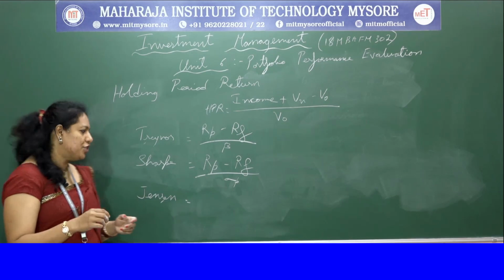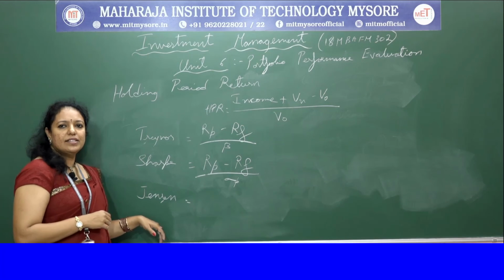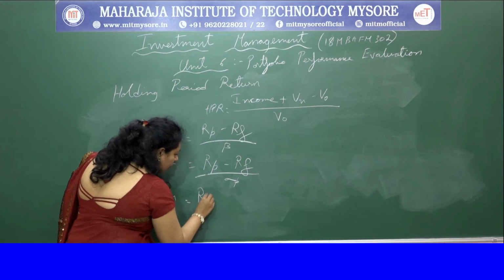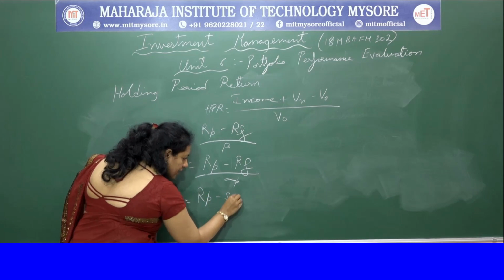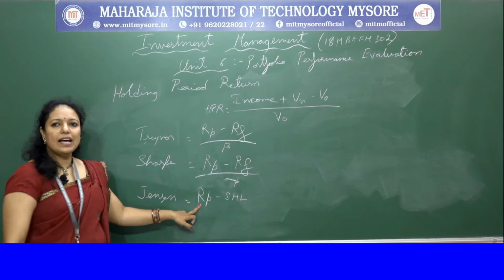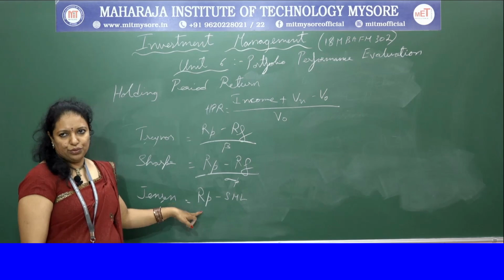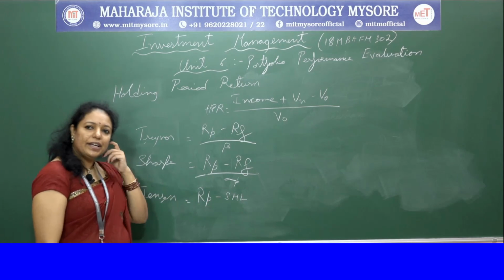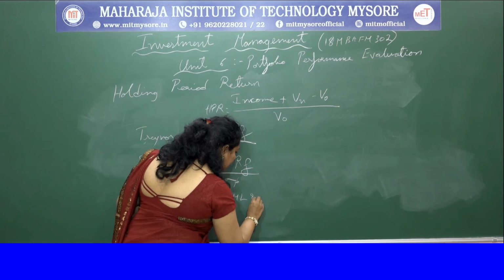And the Jensen measure is done in the form of RP minus SML. That is, RP, the average return on portfolio, minus the security market line return.